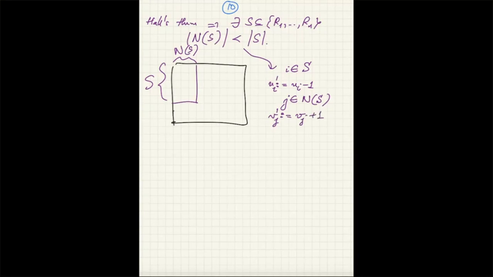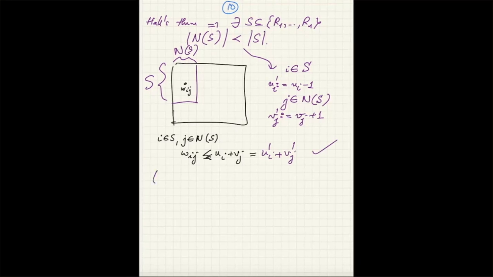Now, on an entry wij where i is in S and j is in the neighborhood of S, the condition wij at most ui plus vj from before is the same thing as ui prime plus vj prime. So this condition is still satisfied, and for the other parts the condition will also be satisfied by a similar argument.